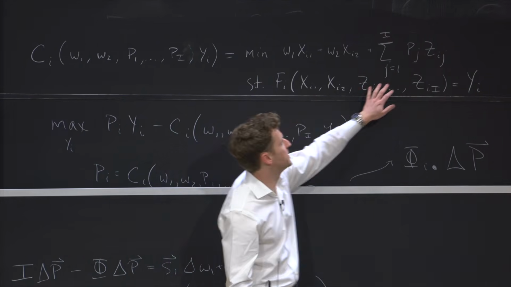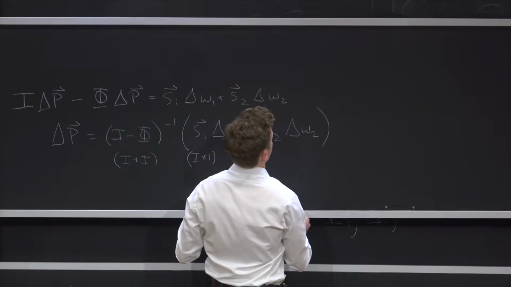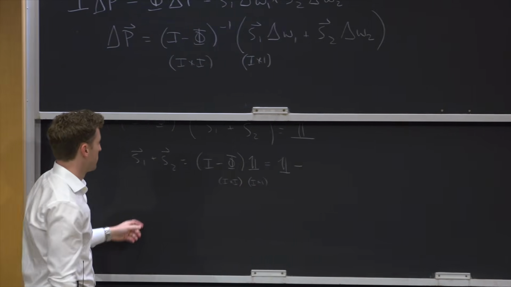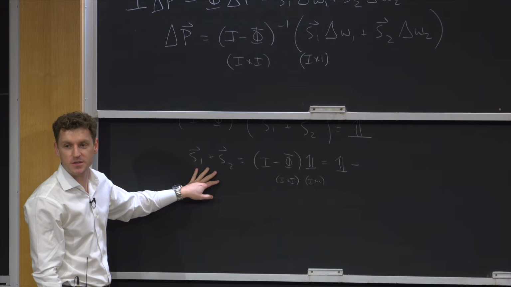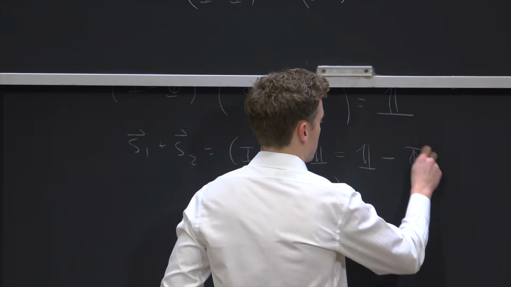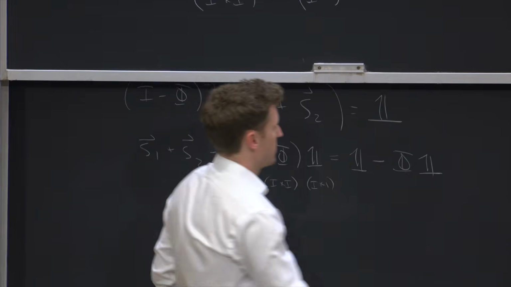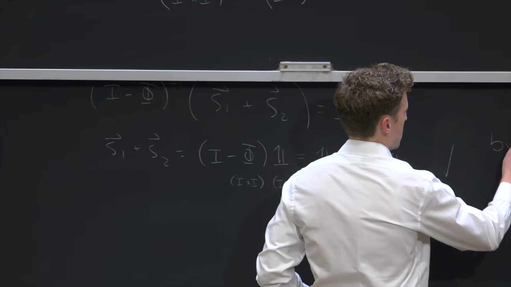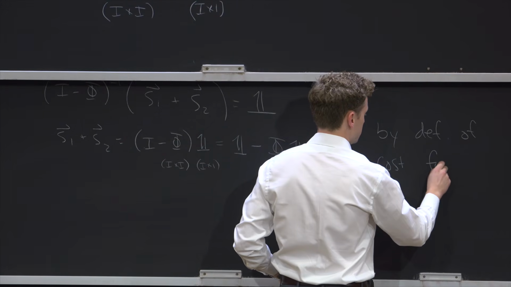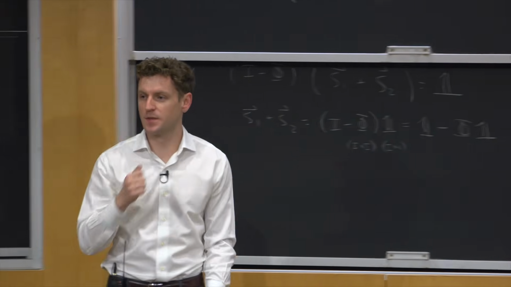So if we take 1 minus the share you spend on all of these inputs, then what do we end up with? We end up with precisely the shares that you spend on the other inputs. Is that clear to everybody? So this is 1 minus phi 1, which we just talked about. And that is true, really, by definition of the cost function. Is that clear to everyone?